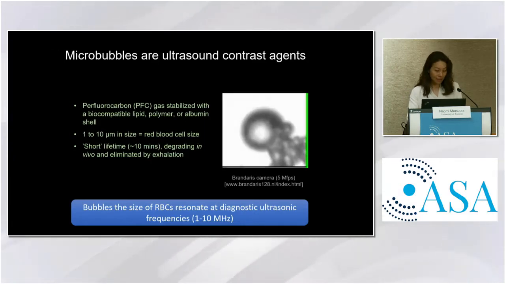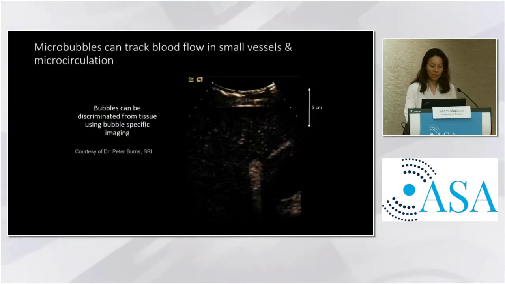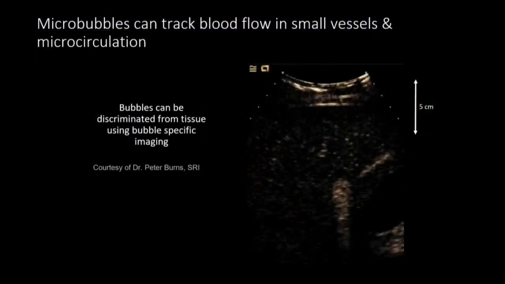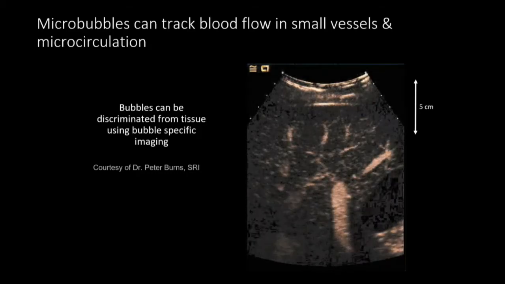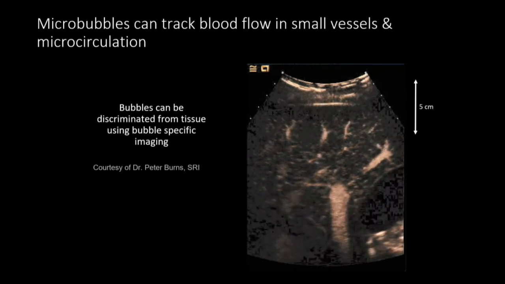This is a video from a colleague of mine, a very old video, and I'm showing it to show that it's an established technique. You can use this oscillating bubble that's the size of a red blood cell as a surrogate for the red blood cell. You inject this in the patient, and this is showing a liver, and you can see how these bubbles perfuse or fill the vessels as a function of time.